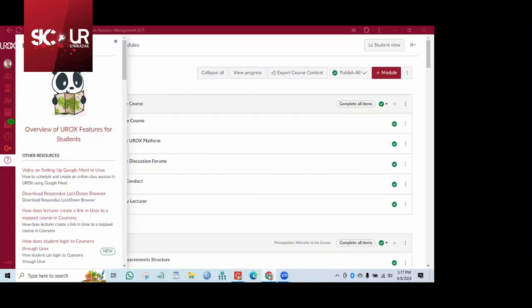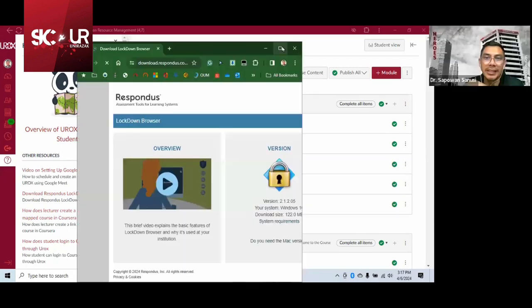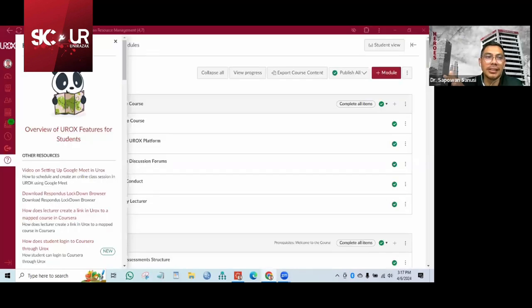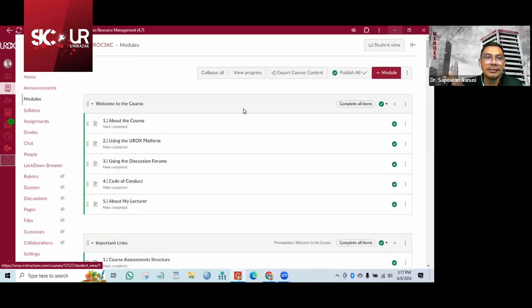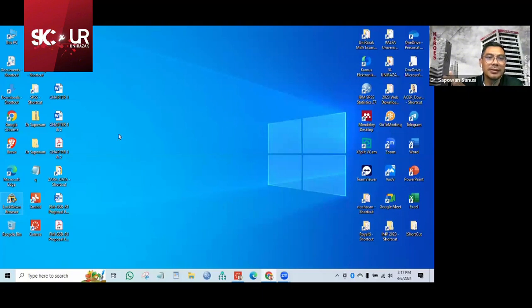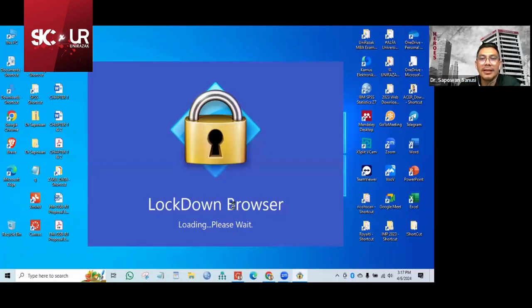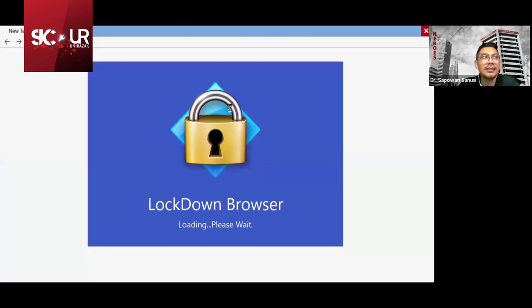Okay. And then you will see like this. And then download and install. And after you install, you will see the icon like this. What you need to do is just click it. Update it. You must update it.